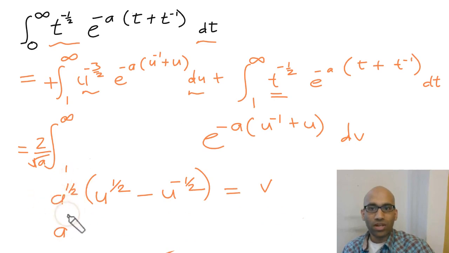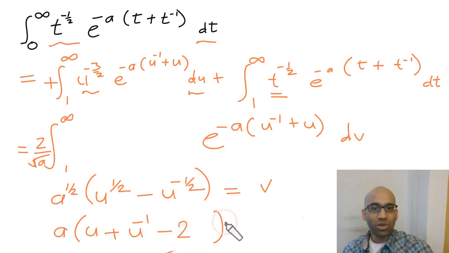A power half squared is just going to be a, and then when you square this section here, you're going to get a minus b squared, which is a squared, and that's u, plus b squared, so that's going to be u power minus half, and then you got a squared plus b squared minus 2ab, and that minus 2ab is just going to be minus 2 times this, and that is 1, so you get a negative 2 here, and it's equal to v squared.